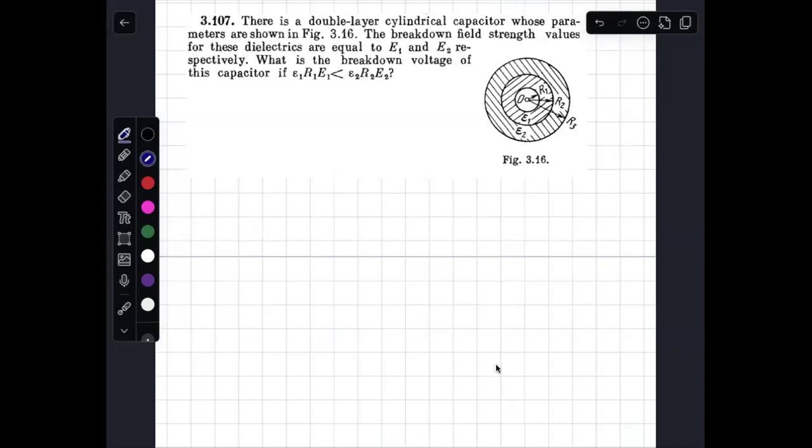The breakdown field strength values for these dielectrics: what was E1M and E2M in the previous question are now E1 and E2 in this question. Here, please don't get confused. Remember, E1 and E2 are not electric field straight away. They are breakdown or what you call dielectric strengths.